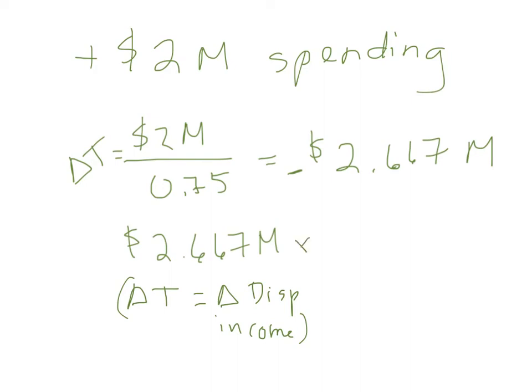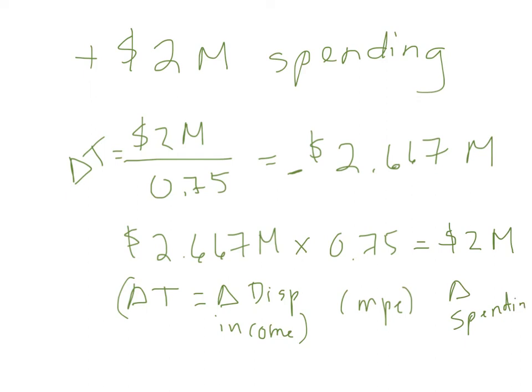So we multiply this times the MPE, which is 0.75. Then we arrive at the actual change in spending, or $2 million change in spending, which goes into the national income and is multiplied by a factor of 4, as we have discussed previously, to become 2 times 4 is $8 million. And this is our target level of change in GDP, or output.